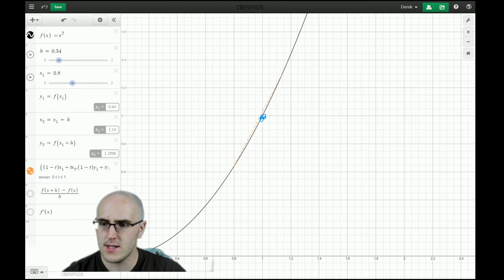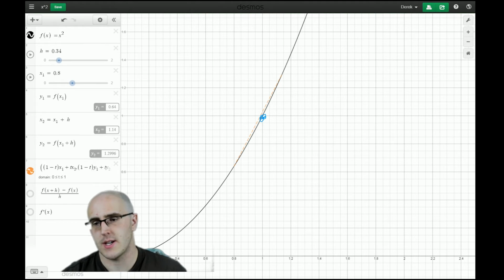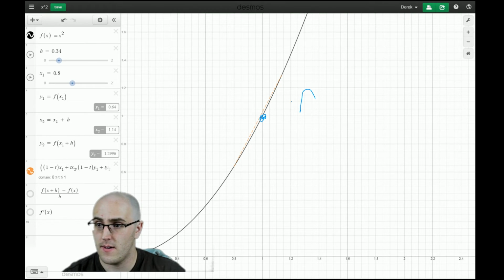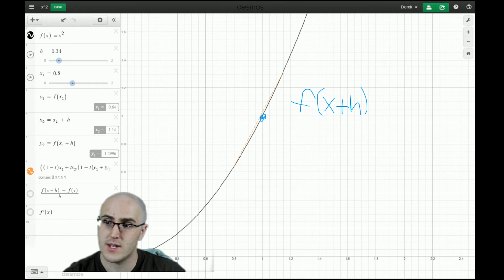Well, let's do this algebraically. So the basic method that I established in the previous example for doing rise over run is we take the larger point, the further up into the right point, which in this case is f of x plus h, and we subtract the y value of the smaller point, which is f of x.